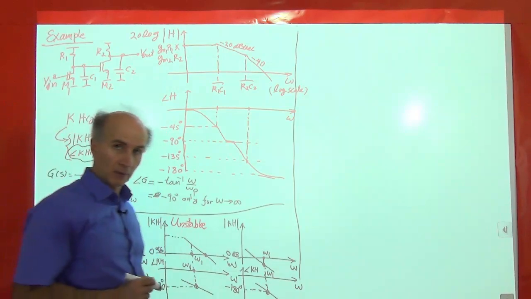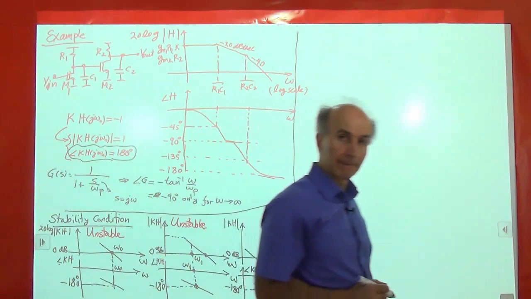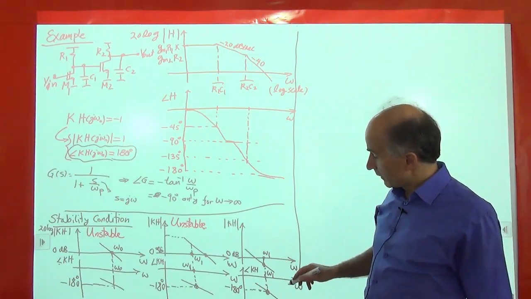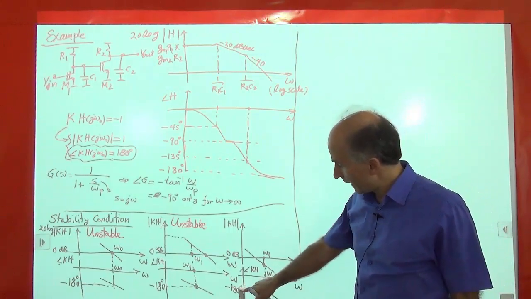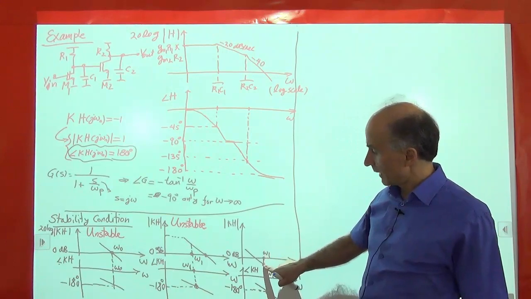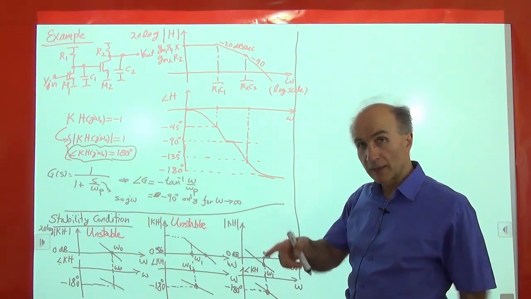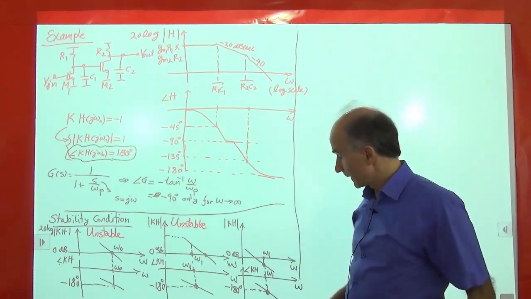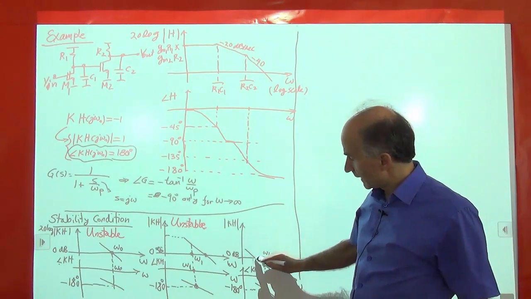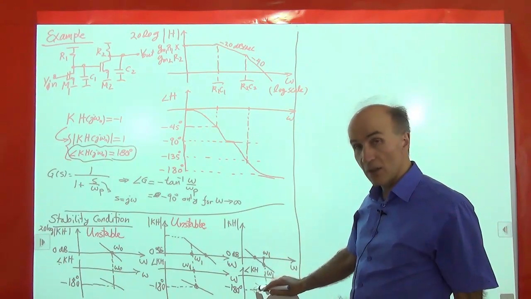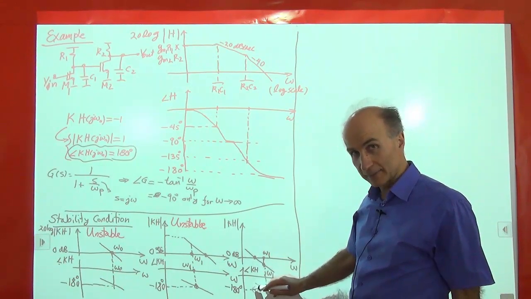Is the system stable? Yes, it is stable. You can think of it this way. Where the phase is 180, the loop gain is less than 1. So when we circle around the loop, it doesn't blow up. Or you can say where the magnitude is 0 dB, the phase shift is not 180 degrees yet, right?